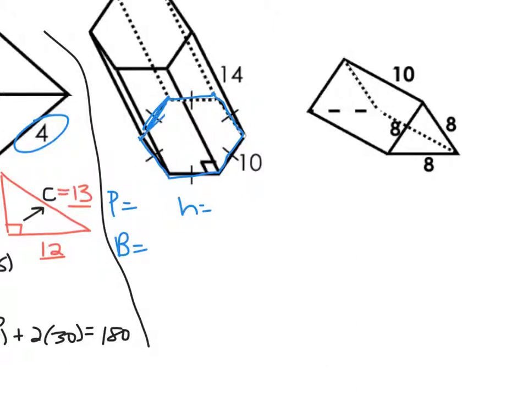So perimeter of my base, it's a hexagon and side length of 10, so that means my perimeter is 60. 14 is the height of my prism, and now I need the area of my base, which we're going to use since it's a regular polygon, 1/2 perimeter times apothem. Well, we have perimeter, that's 60, so I need to find my apothem.